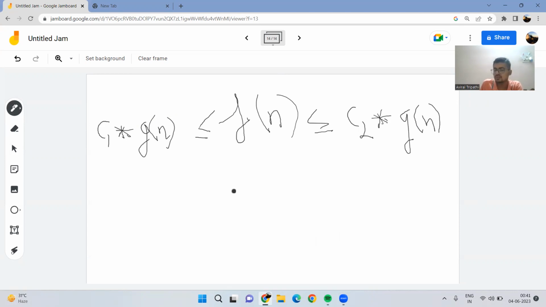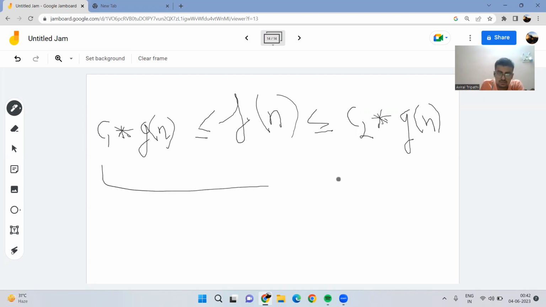Now we already know, based upon the two analyses, big O and big omega, that for big O notation we have to determine a particular value of C which will make the function c times g(n) greater than f(n). And for big omega, we need to take a constant value which will make the function c times g(n) lesser than the function f(n). Therefore the C1 and C2 values are different.